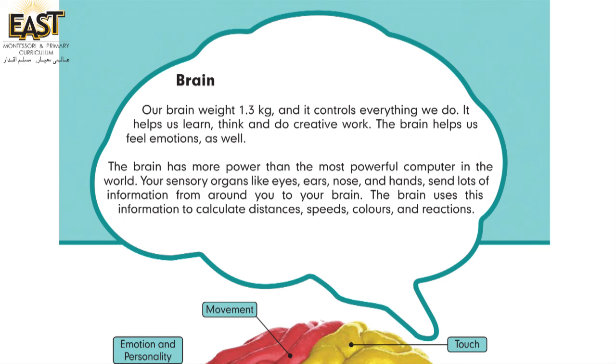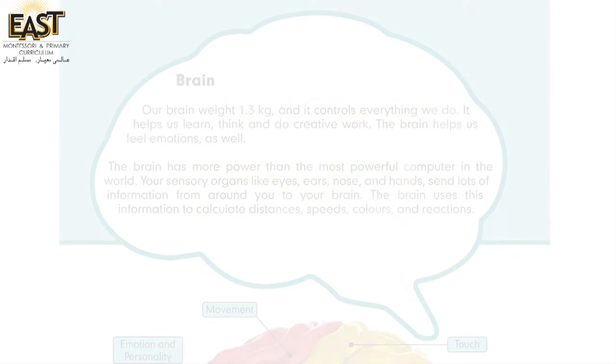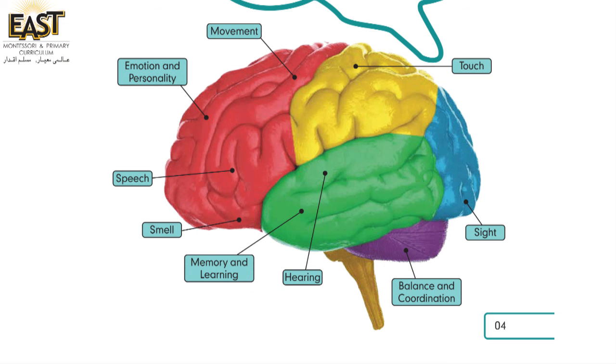Where it works: sight, balance and coordination, speech, smell. So you need to draw this picture in your copy. Draw this picture and label it accordingly, the same way you label this diagram of your brain in your copy.